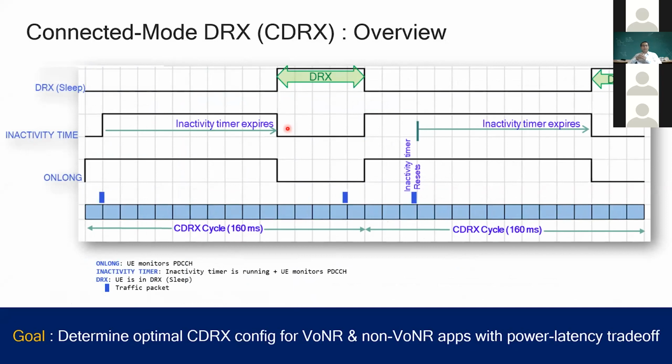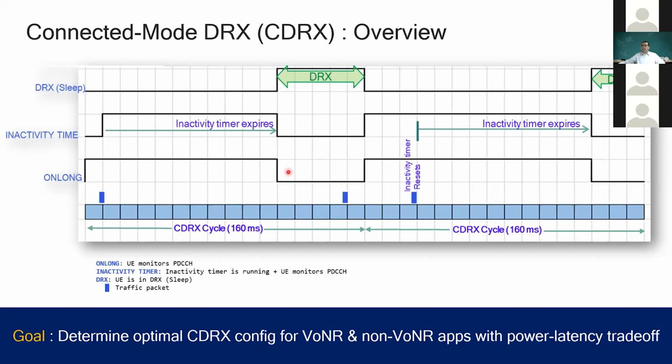So at a very high level, what is connected mode DRX? It is discontinuous reception while the UE is still in connected mode, meaning when there is no data for the UE, and after expiry of the inactivity timer, the UE could go to sleep while still staying in connected mode. For how long? For a duration of long DRX to be configured by the network.